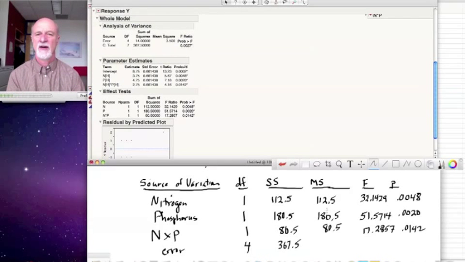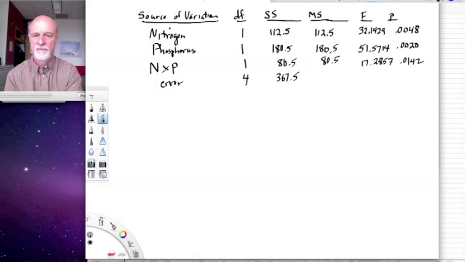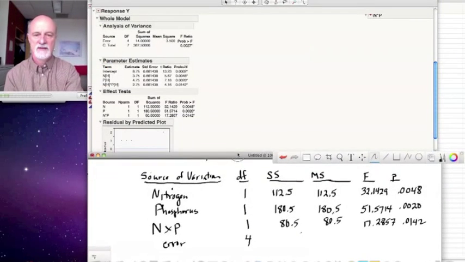Oh, sorry. Sums of squares is 14, isn't it? I need my eraser. I'm going to have to pull this up. Sorry about that. I just, I don't have my glasses on here. There we go. My eraser.